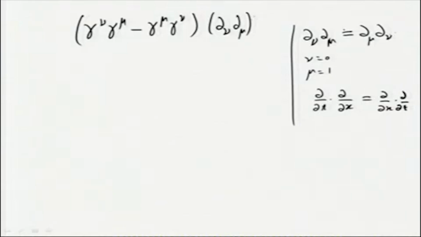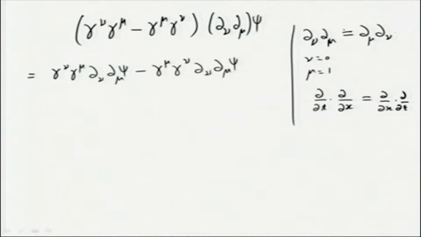So, let us look at this acting on ψ. This first one is γ^ν γ^μ ∂_ν ∂_μ ψ minus the second part, γ^μ γ^ν ∂_ν ∂_μ ψ. I have not done anything, just expanded it.